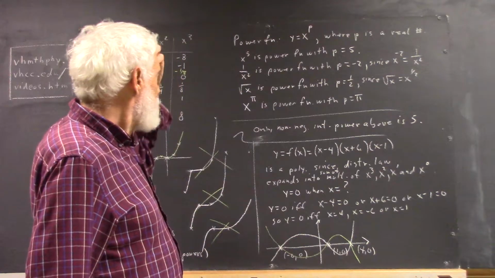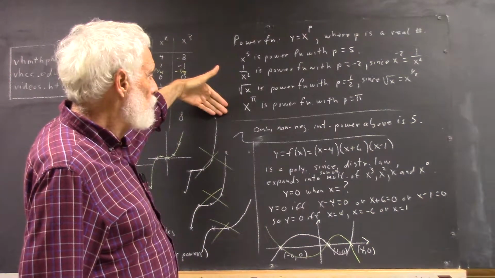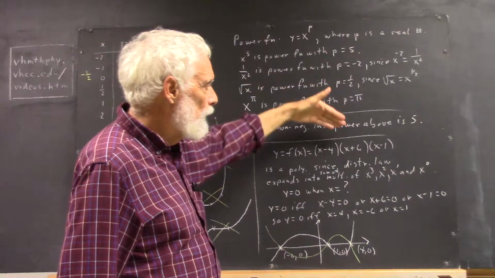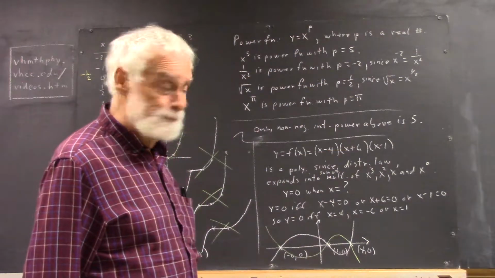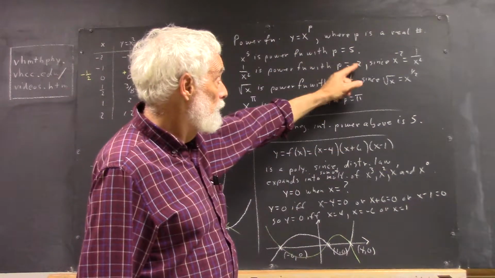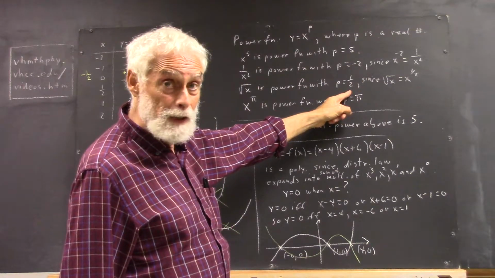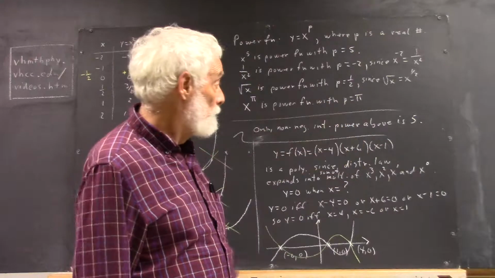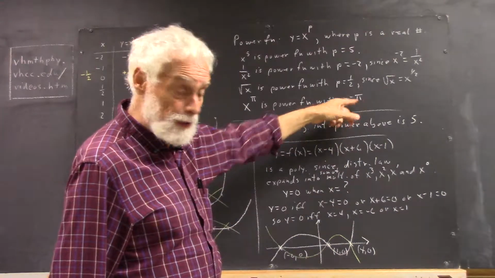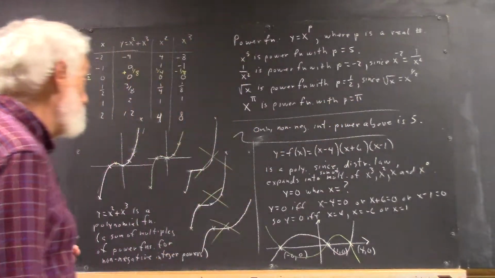Okay. Among these, the only non-negative integer power is 5. 5 is a non-negative integer, 2 is not a non-negative integer, 1/2 is not an integer, it has a fractional part. And pi is certainly not an integer, okay?